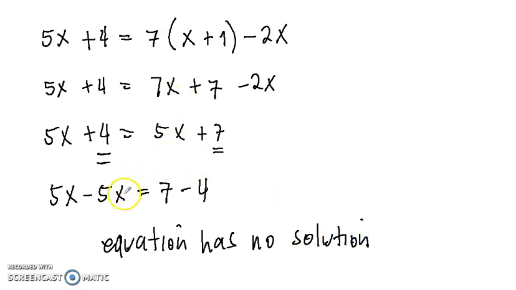Another example. For example, we have 6x plus 7 equal to 8x minus 13. Here, the best thing you can do is combine all the terms with the same variable, and then combine the constants as well.